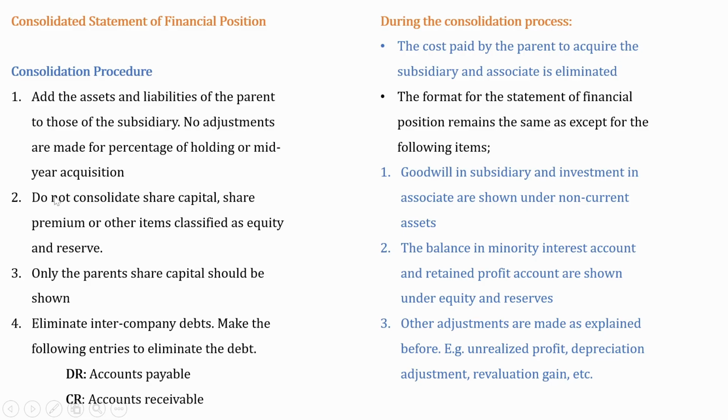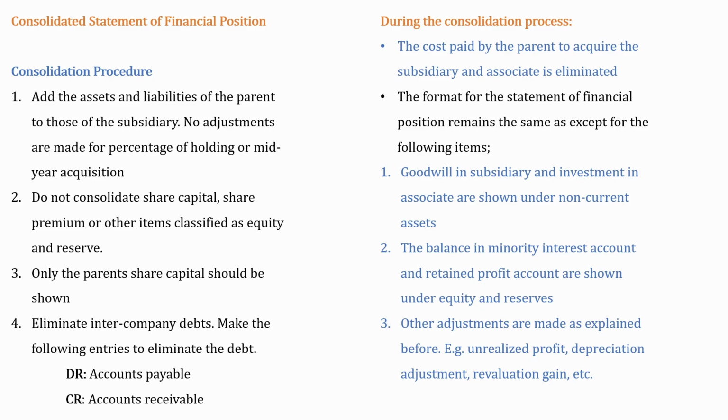Then do not consolidate share capital, share premium, or other items classified as equity and reserve. That is because only the parent's share capital should be shown. Then the last one, eliminate intercompany debts. Make the following entries to eliminate the debt. Debit accounts payable, credit accounts receivable.